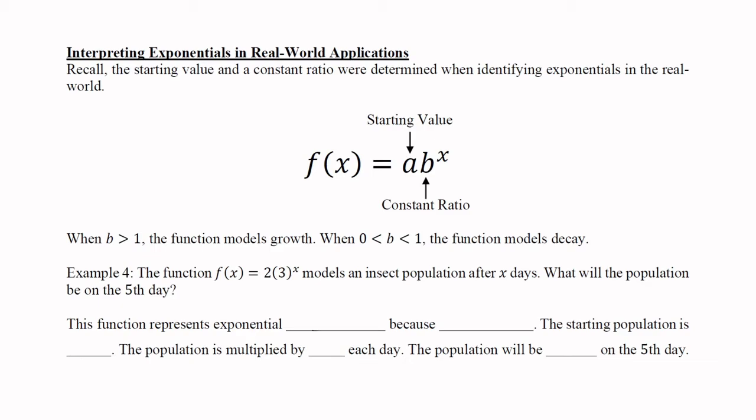This function represents exponential growth because b is greater than 1. The starting population is 2 because that's our a value. The population is multiplied by 3, our b value, each day. The population will be what on the 5th day? So we're going to plug in 5 for our x, use your calculator, and get 486 would be our population on the 5th day.